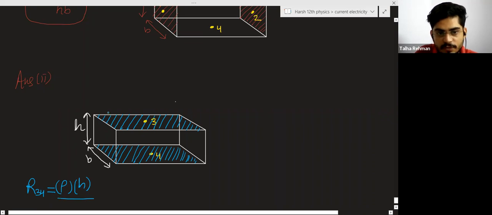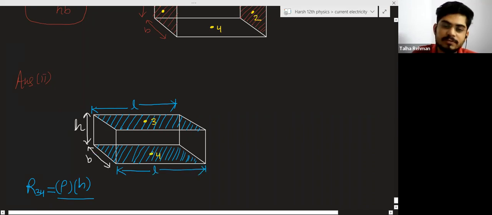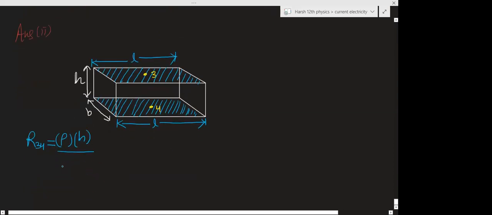This rectangle will be the area of cross section. If this is length L, the area is length into breadth, so L into V. So this is the resistance.